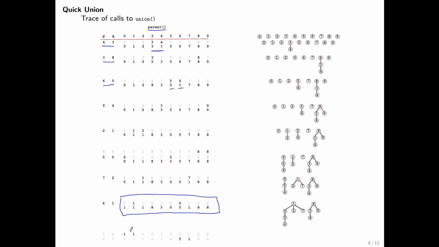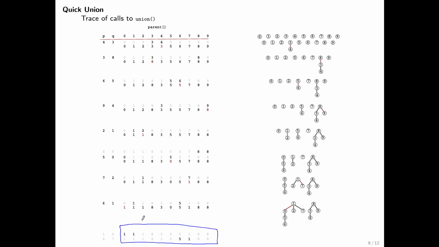The final state, once all the pairs are processed, is this. And if you think about these values visually, what we have are two trees: one tree that is rooted at 1 and the other tree that is rooted at 8.